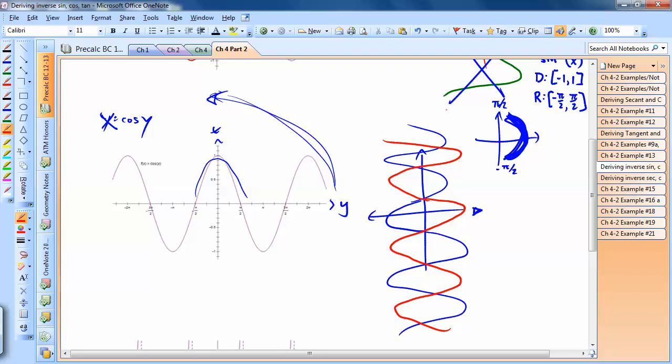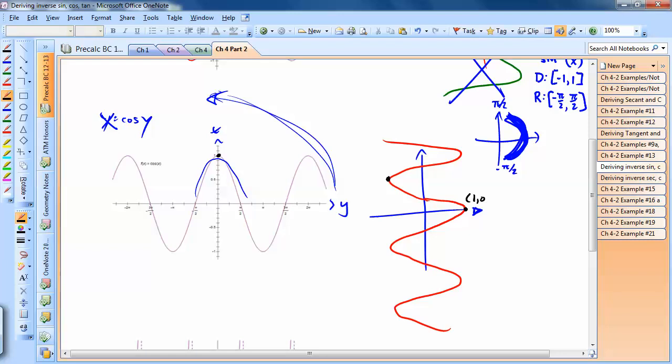And this graph is not one-to-one either. That red graph, again, is not a function because it doesn't pass the vertical line test either. So let's label a few important points. This point here, instead of being 0, 1, is now 1, 0. This point here is like this one down here.